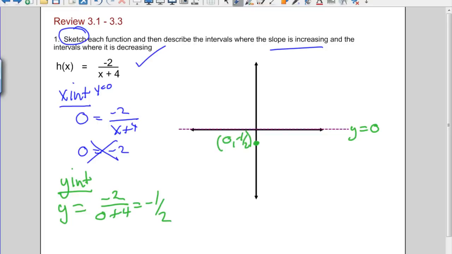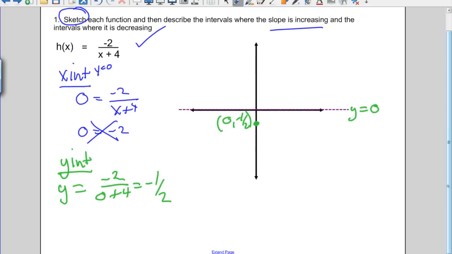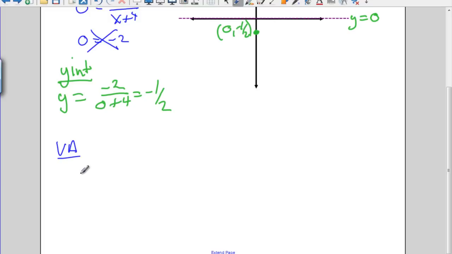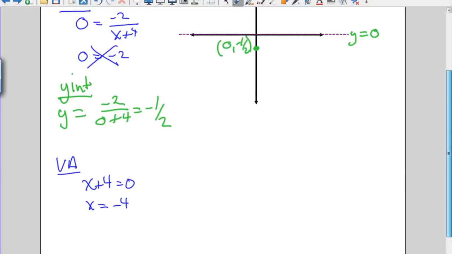Moving along, the next thing we want to find is the vertical asymptote, which is found by taking the denominator, which is x plus 4, and setting it equal to 0. Therefore, there is a vertical asymptote at negative 4 because x cannot be negative 4.